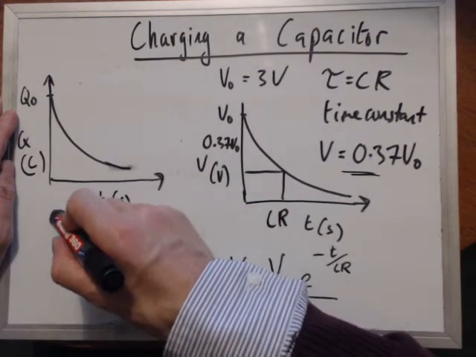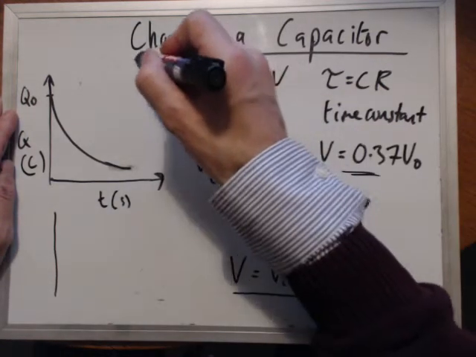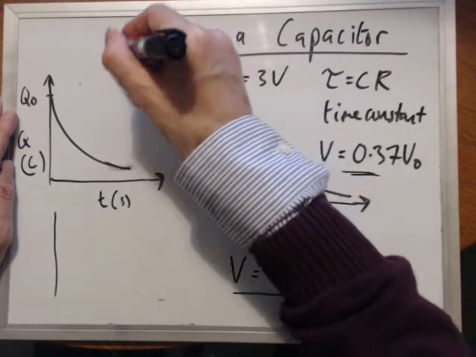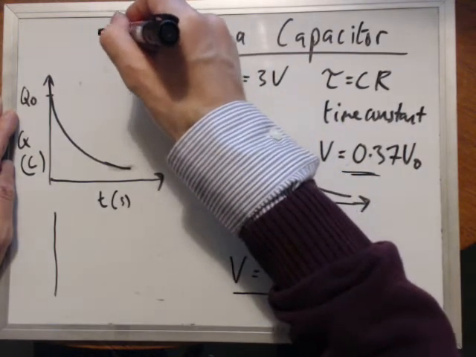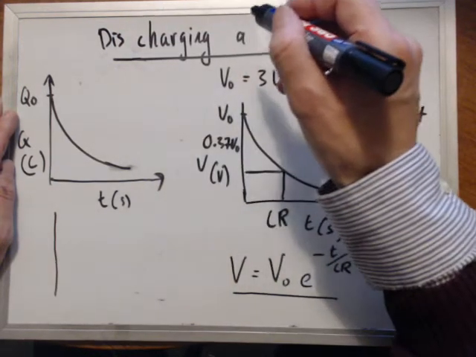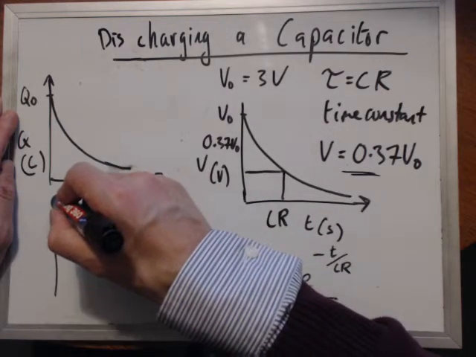And for current discharging, well, the title says charging capacitor. It's meant to be discharging a capacitor. Okay, that's what we're doing. We're looking at discharging curves. We'll look at charging curves later on.